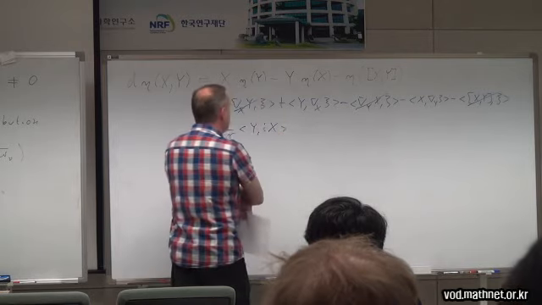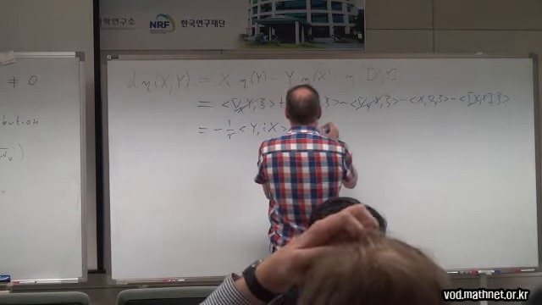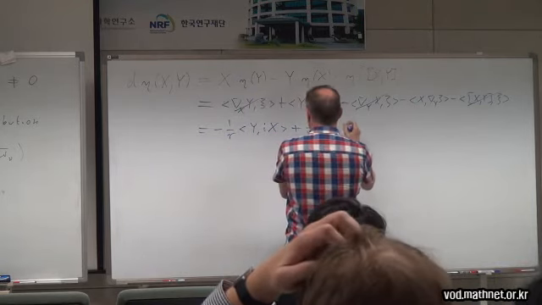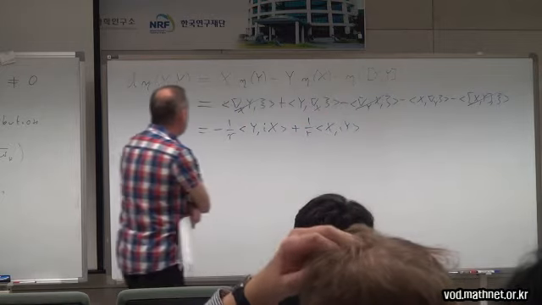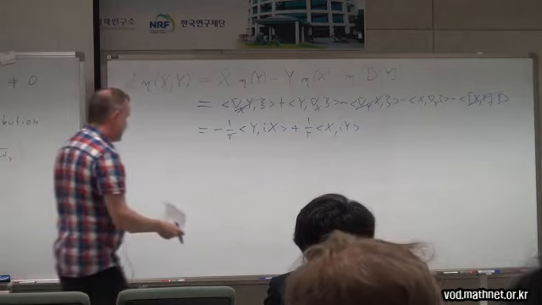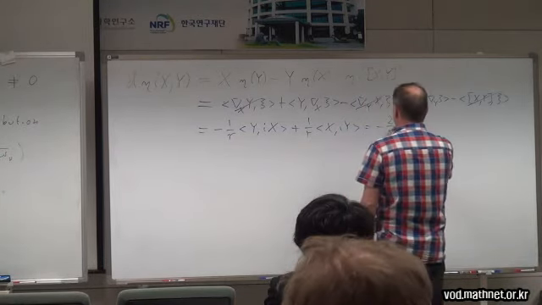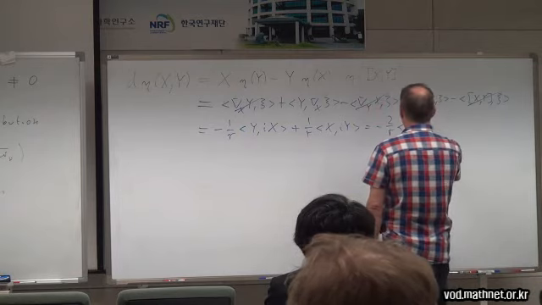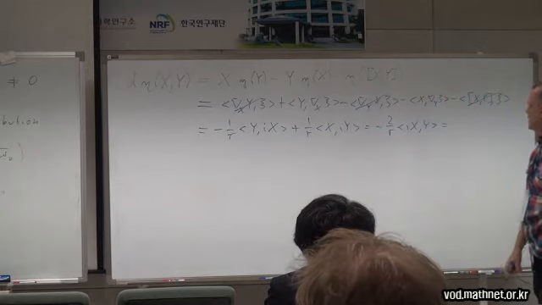This is I times x, and minus, that's a plus 1 over r x times I times y. So I can put the I on the other side.